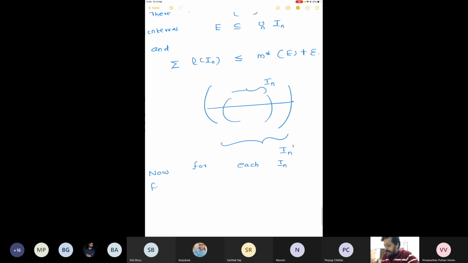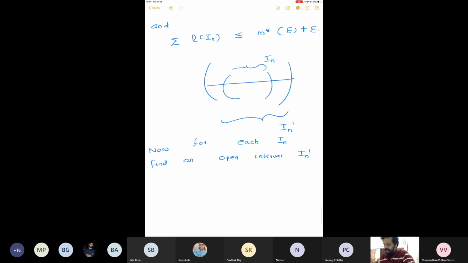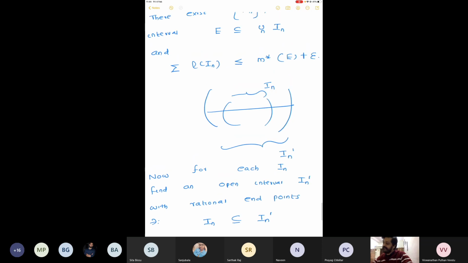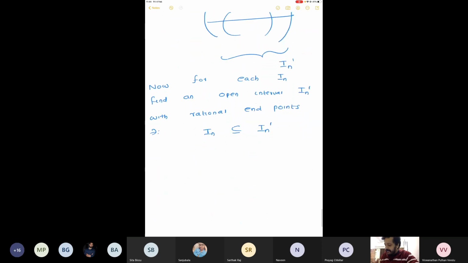For each I_n, find an open interval I_n dash with rational endpoints such that I_n is contained in I_n dash, and also I will put a restriction on the length, because finally I want to connect everything with the length, such that the length of I_n dash is less than or equal to 1 plus epsilon times the length of I_n. Now, is it possible? Let us check.